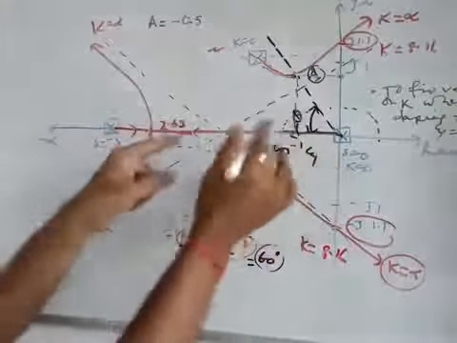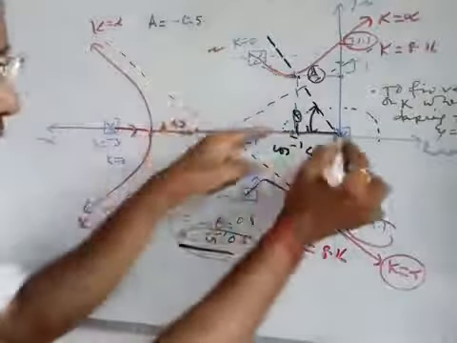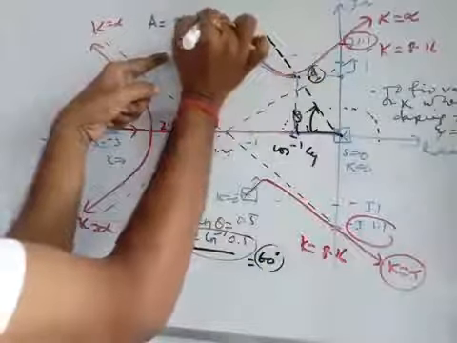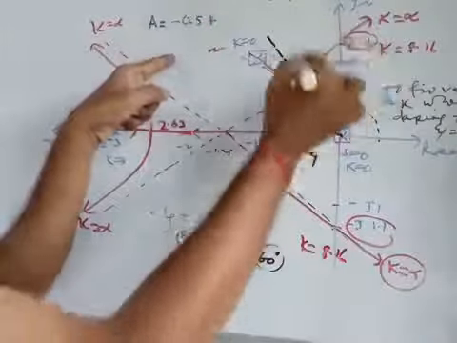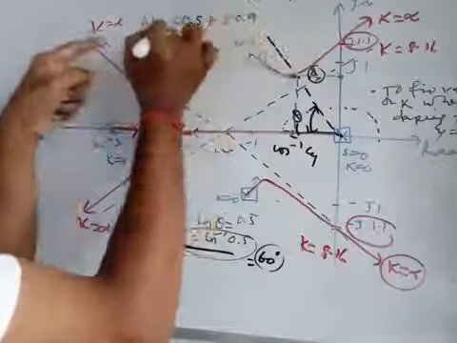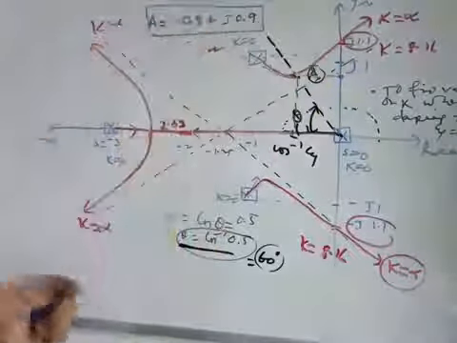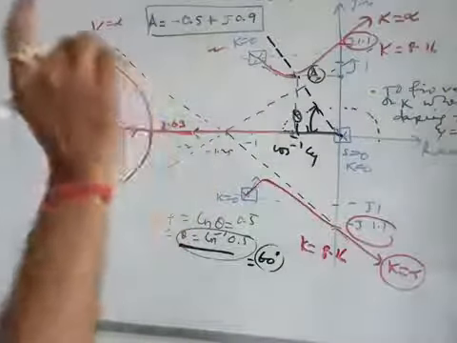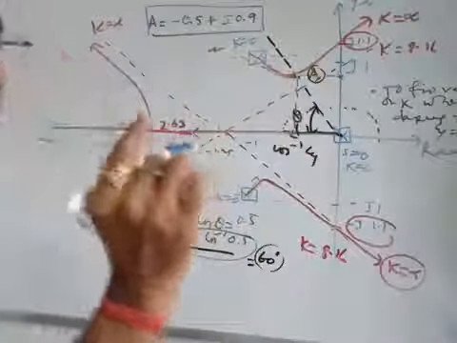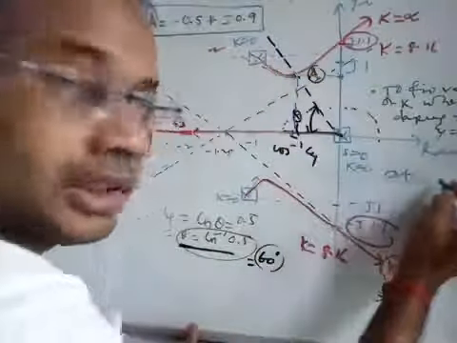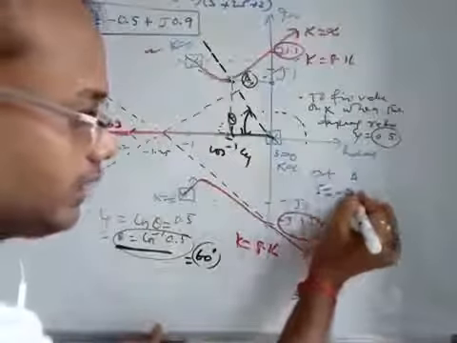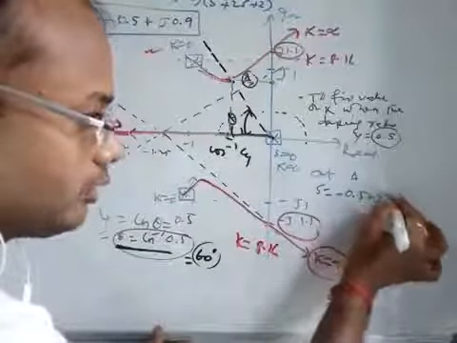From the graph you can measure the real axis component, 0.5 maybe, and this is plus j, because this is the second quadrant, of, I can take it as 0.9. So you have found the coordinate of A. That means at A, S is equal to -0.5 plus j 0.9, right?